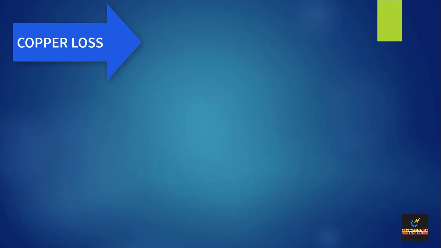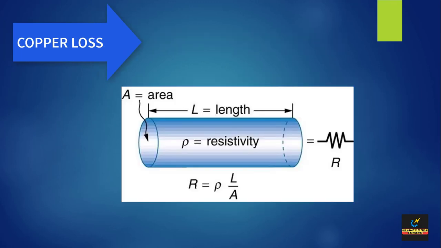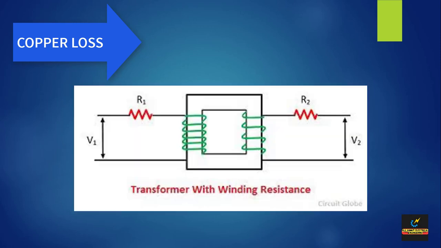Now we see what is copper loss. We know every conductor has some resistance. The transformer has two windings, primary and secondary, which are made of a good conductor, mainly copper.